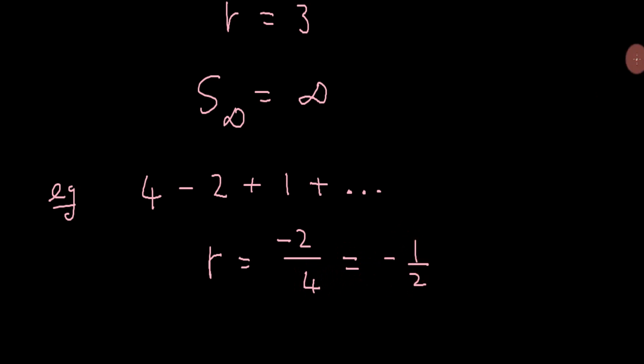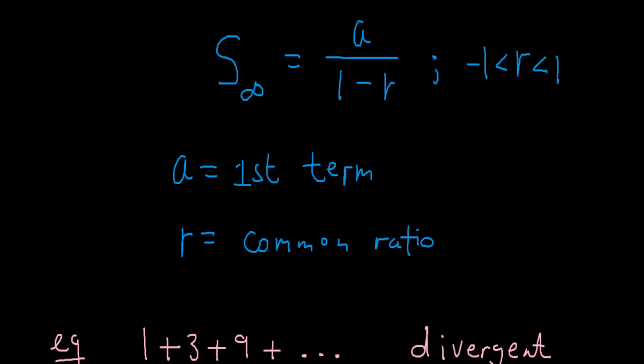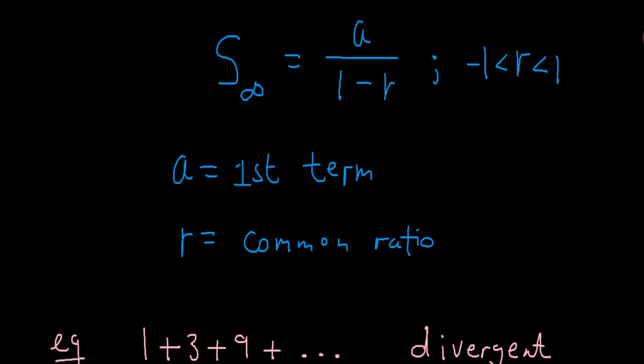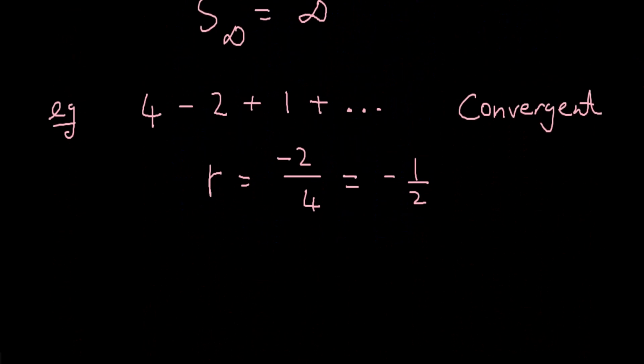Now, negative a half does lie in this interval. So we know that this series will be convergent, and hence to find the sum to infinity, we can use this equation. So then the sum to infinity here will be a, which is 4, over 1 minus r, so 1 minus negative a half.